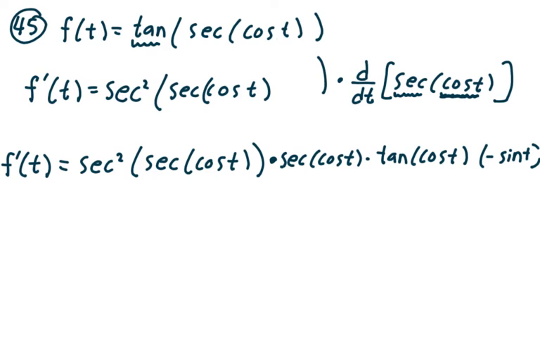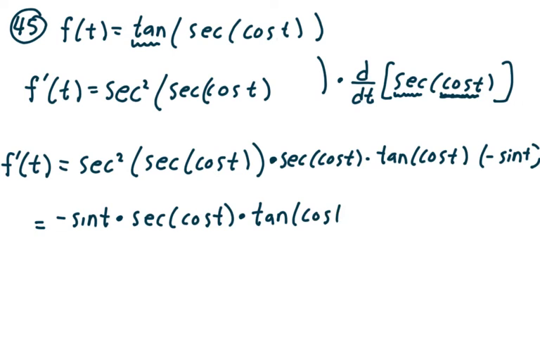And so this is equal to, I'm going to pull the negative sine t out in front. So I get negative sine t times secant of cosine t times tangent of cosine t times secant squared of secant of cosine t.